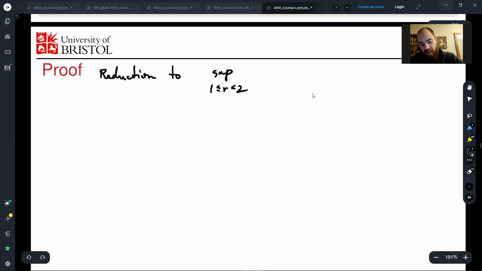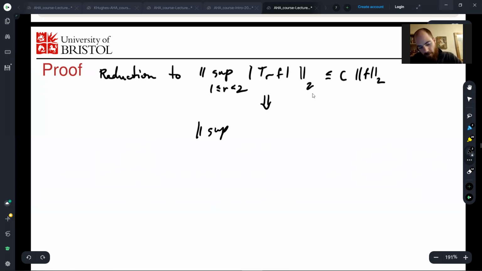I had this saying that if I know that this is bounded on L2, then that implies the sup over all positive R is bounded on L2.